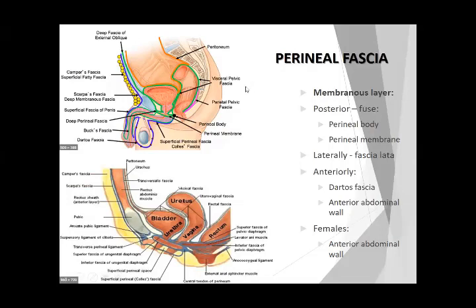The membranous layer. Now in this, will you please follow the blue line? Okay. So this is the perineal body and this is the perineal membrane. Okay. So posteriorly, the membranous layer is attached to the perineal membrane, posterior margin of the perineal membrane and the perineal body.